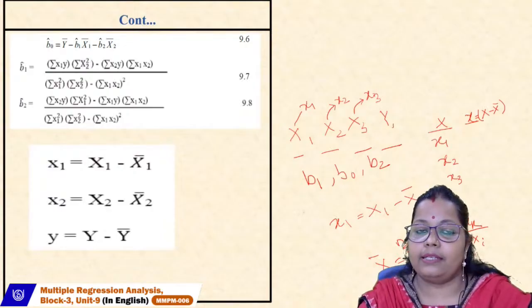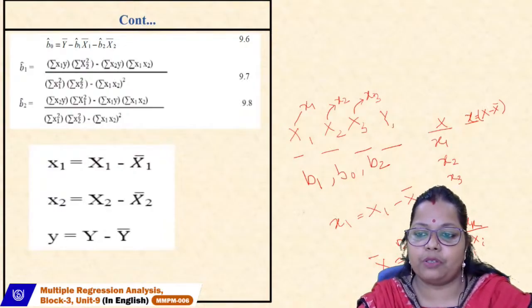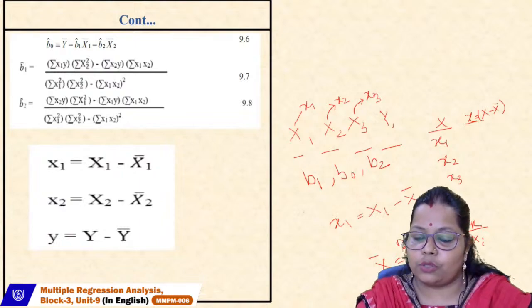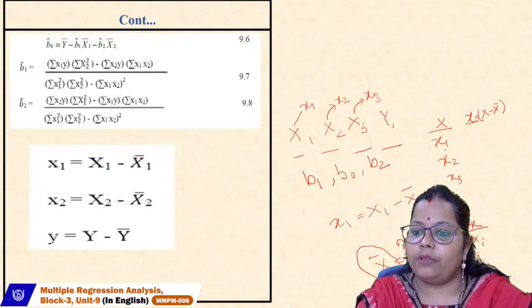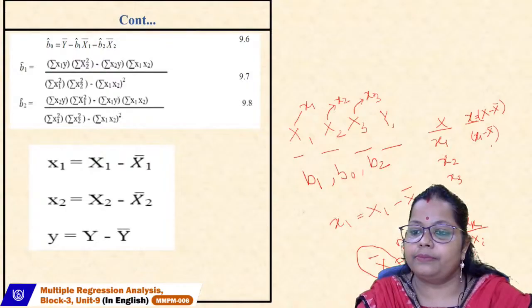Earlier we discussed that n is the number of pairs of observations given in the question. This gives us the x bar value, and we subtract it from each individual value of x: x1 minus x bar, similarly x2 minus x bar, this is capital X bar, up to xk. We take the deviation and then the summation.